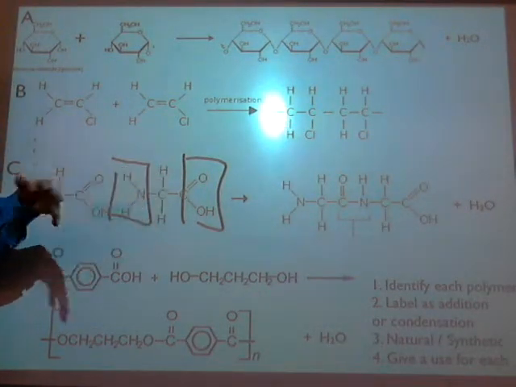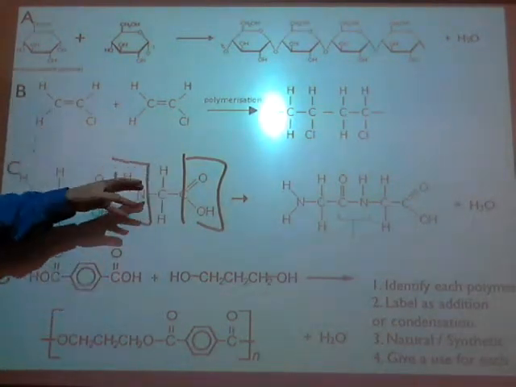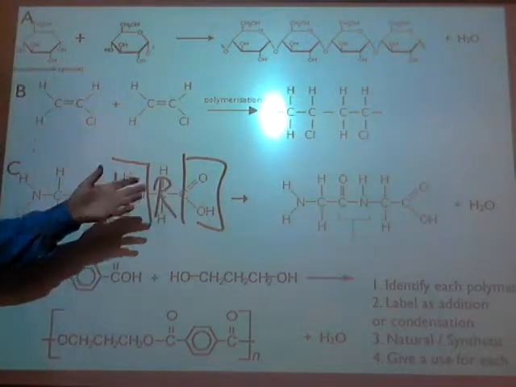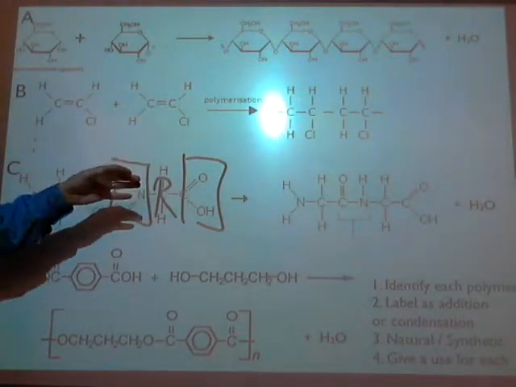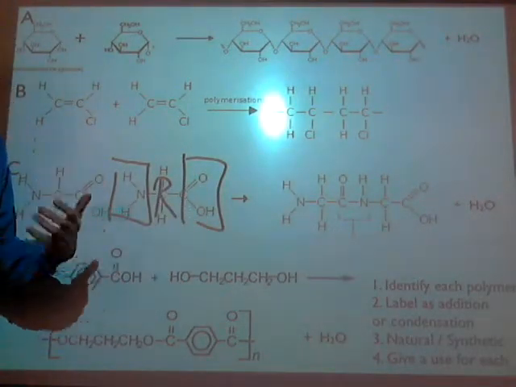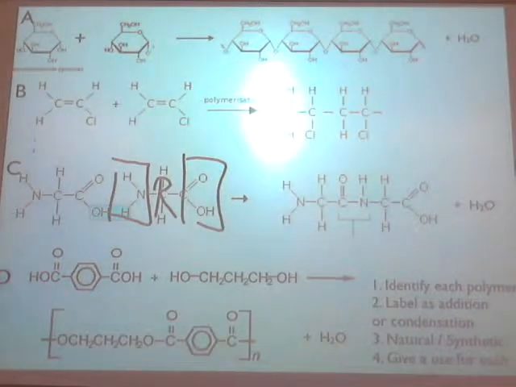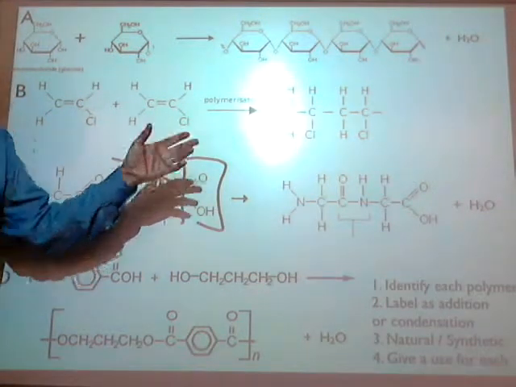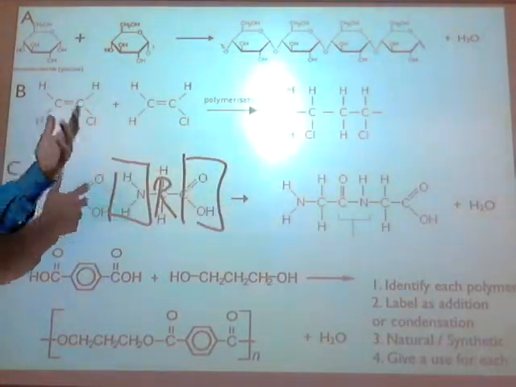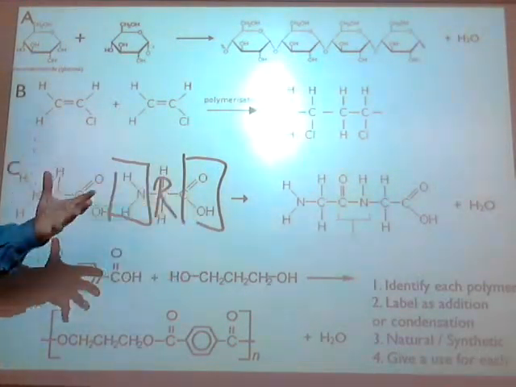I showed you this several different ways. I had different compounds or different graphics from the internet, I could have just had an R there, or whatever. Either way, if it's got an amine on one side and an acid on the other side, it must be an amino acid. Now, here's a mistake I see. I saw it on the worksheet I gave you. You cannot call this product, for example, amino acids. What is the product called? What is the polymer called?